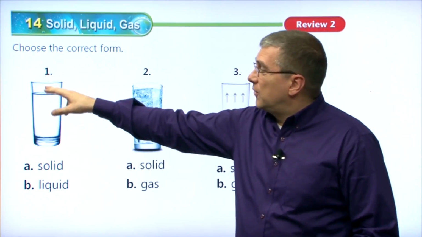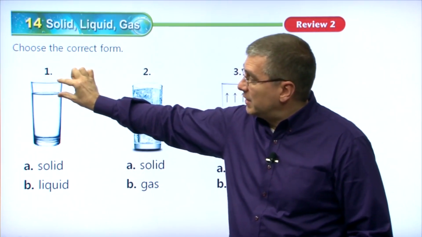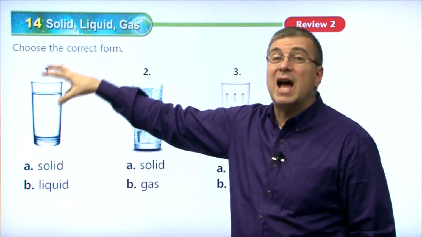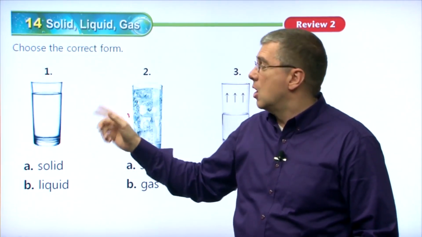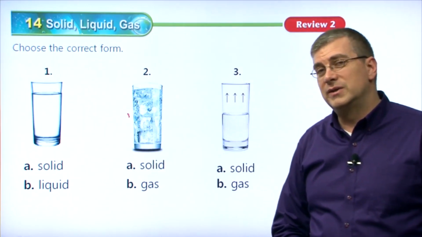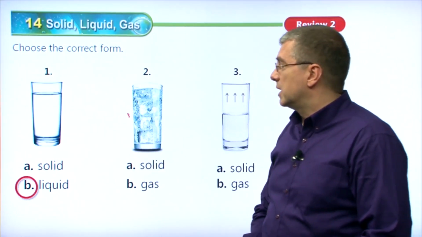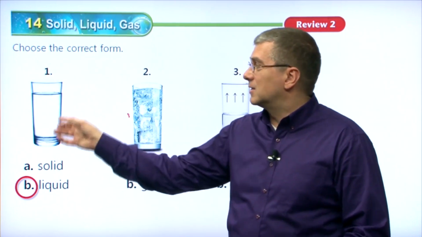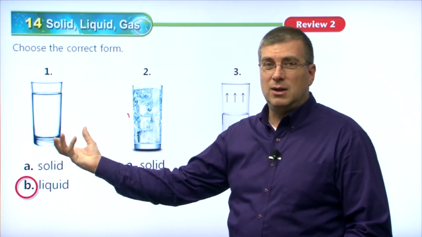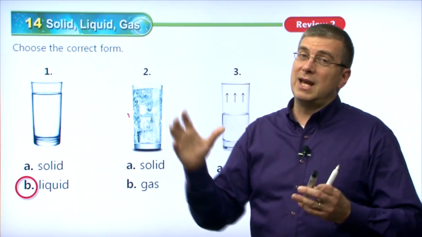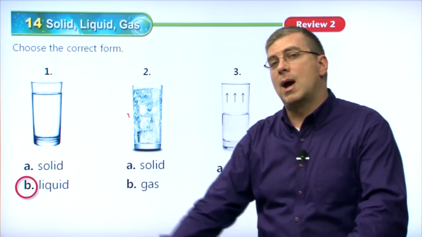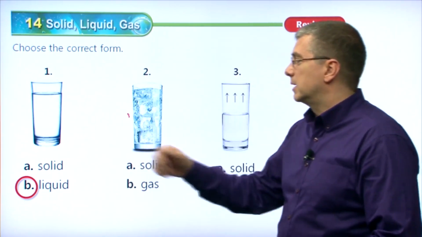The water does not fill up the entire glass. There's some space here, so it's not filling the entire shape of the container. Is it a solid or is it a liquid? Well, if you chose liquid, that would be correct because it takes the shape of its container. It doesn't fill up all of the container, and if you pour it out, it will flow out nice and easy. So that's a liquid.